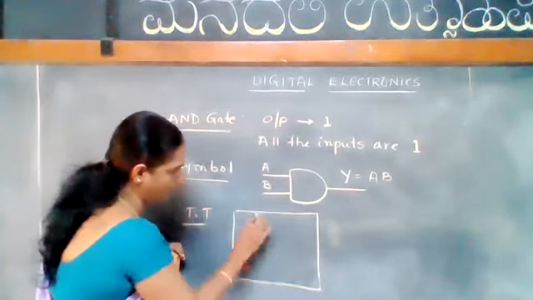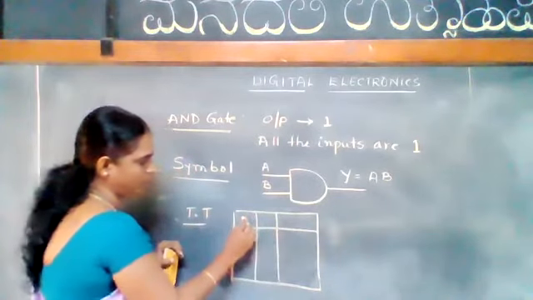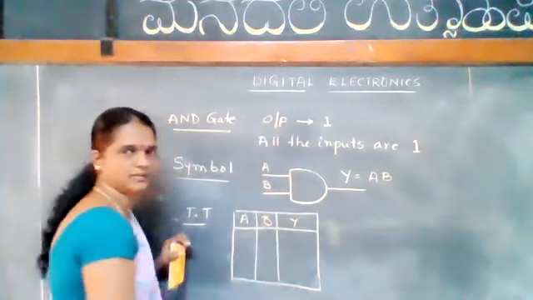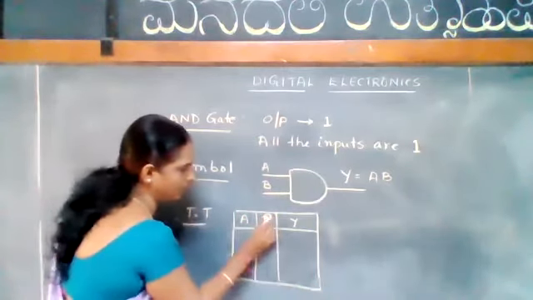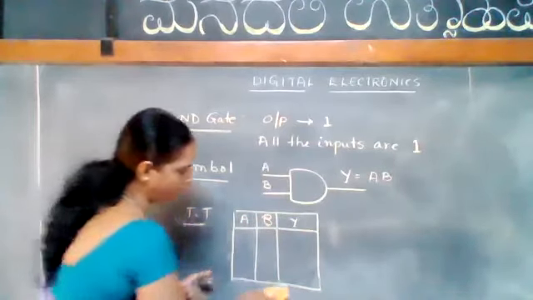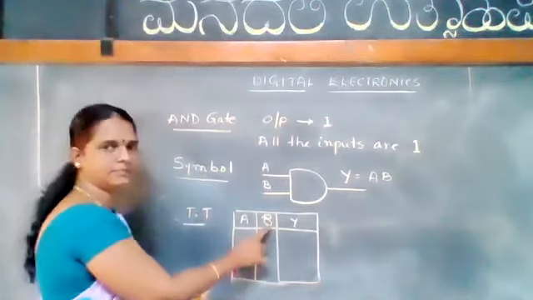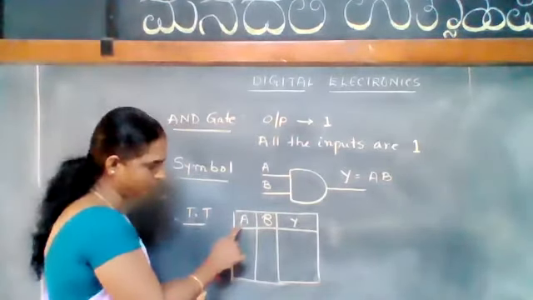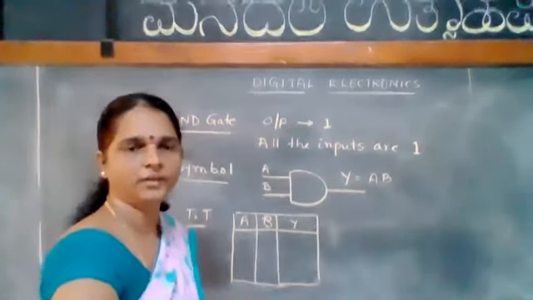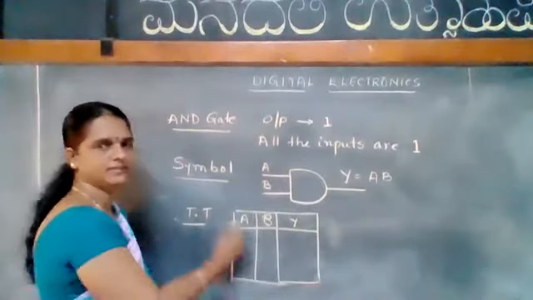Here we have two inputs and one output. A and B are the two inputs and Y is the output. You may write A first, B next, or B first, A next.